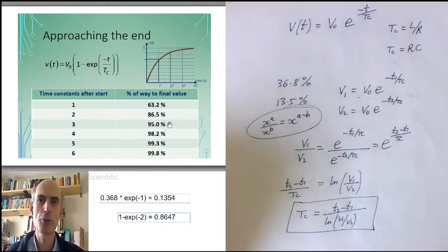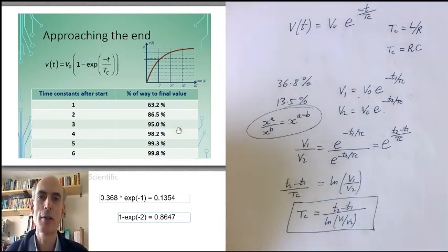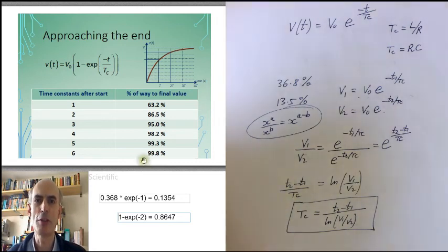Three time constants, you're within 5% of where you're going to end up. It takes 5 time constants to get to about within 1% of where you're going to end up. And after 6 time constants, you're within 0.2% of the final value. But the most useful of these to know is the 63.2% for 1 time constant and the 95% for 3 time constants.